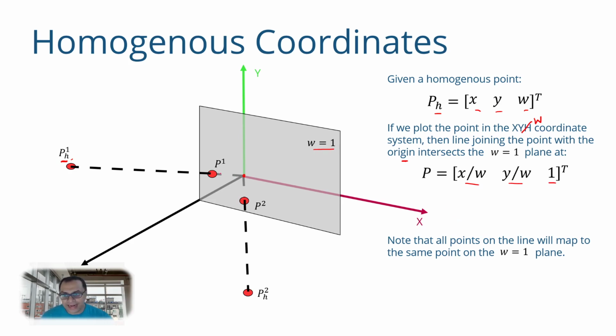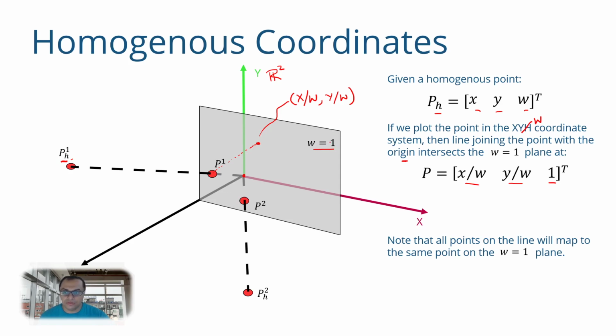Okay, and if I just drop the 1, then I get the projection of this point on my 2D plane, and this point here is x by w, y by w.